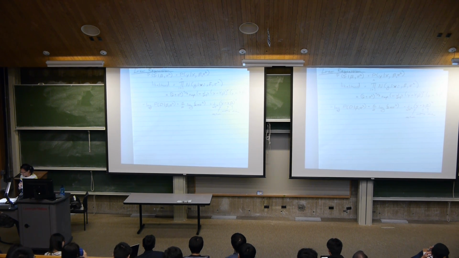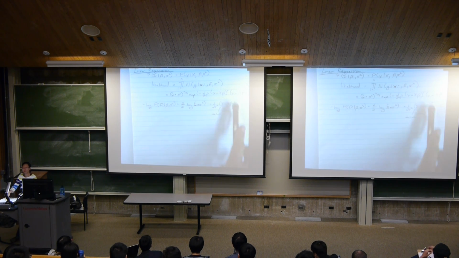Okay, so y is a vector. Let me just finish what I'm saying. So y is a vector, x is a matrix, and b is a vector. So a matrix times a vector will give you another vector, and this whole thing will be a vector.